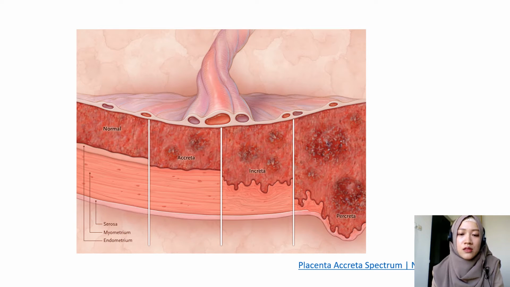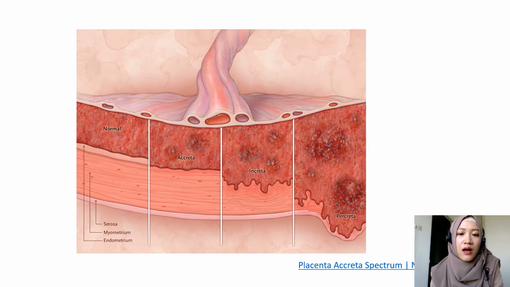So here is a diagram of the differences in invasion of the placenta. There is placenta accreta, increta, and percreta. There is normal placental invasion, which is only into the endometrium in the basal plate, and it's not entering any part of the myometrium layers.